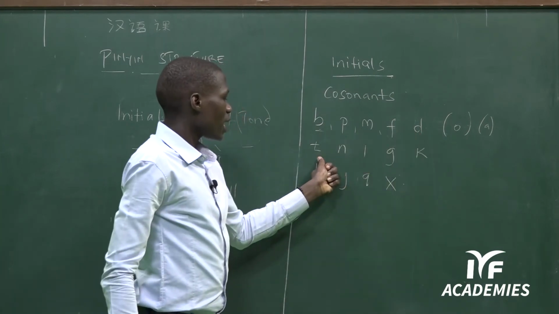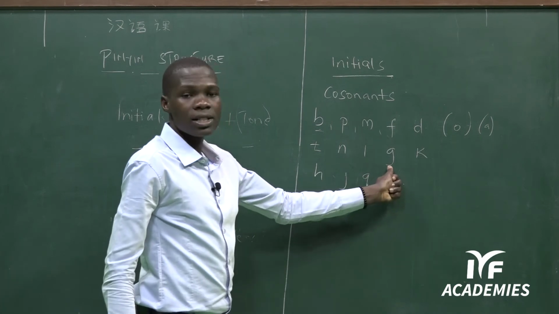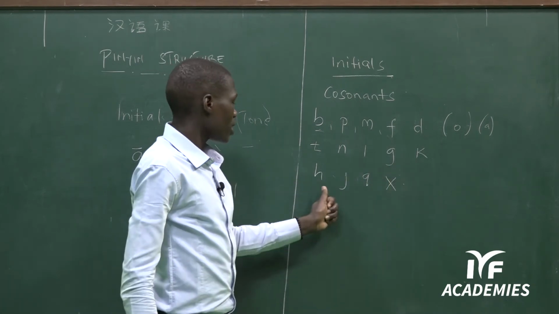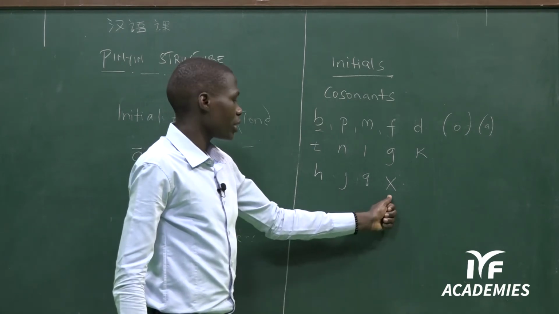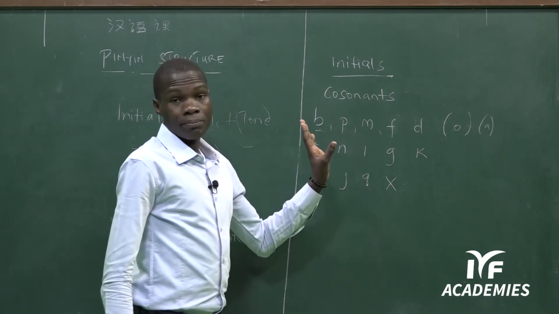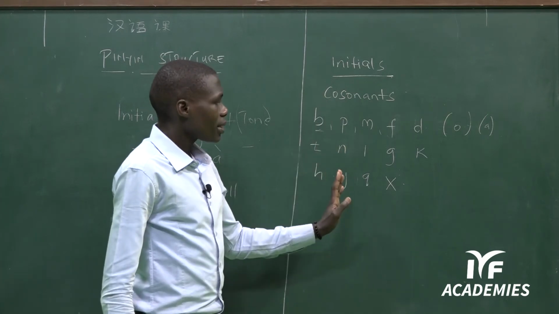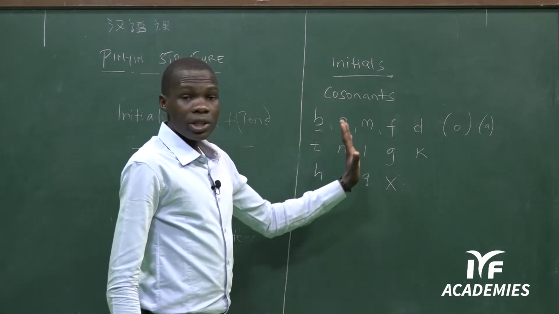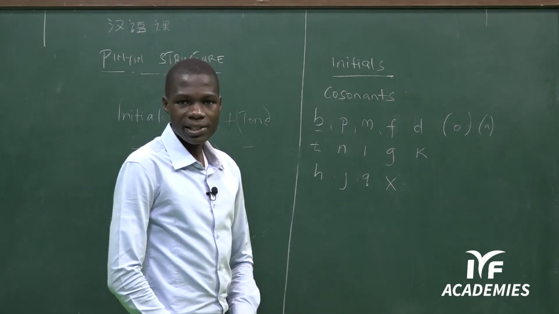Da, ta, na, la, ge, ke, he, ji, chi, shi. These are some of the basic Chinese consonants or initials, but there are more than 20. We are going to discuss more in our subsequent classes.